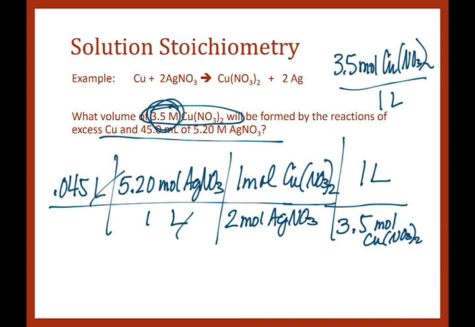And it doesn't specify here what volume, if I want it in liters or milliliters, so I would just leave it the way it is because that's what it's telling me. So that, when I do the math, would give me 0.033 liters. Or if I had asked for it in milliliters, multiply that by 1,000, and it would form 33 milliliters. And that's all there is to it.